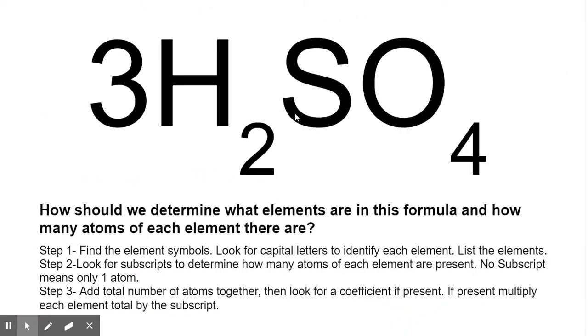As we go through this practice of learning how to count atoms, there's a step-by-step process that I believe helps. Some students can look at it and just do it without writing things down. Some students need to be a little bit more methodical or purposeful as they're learning how to do this.